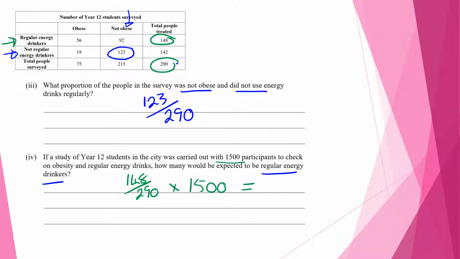So 148 divided by 290 times 1,500 would be 765.5. So you can round it to 766. The answer of 767 was also accepted for this one.